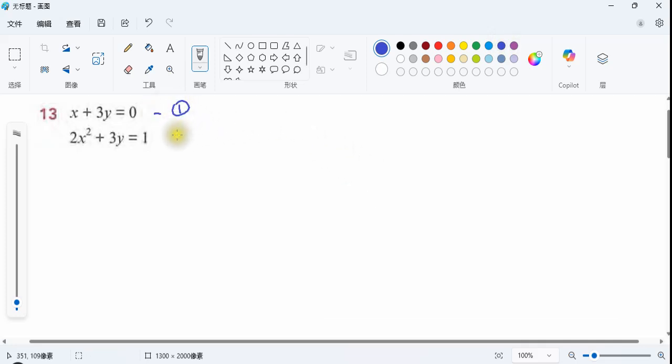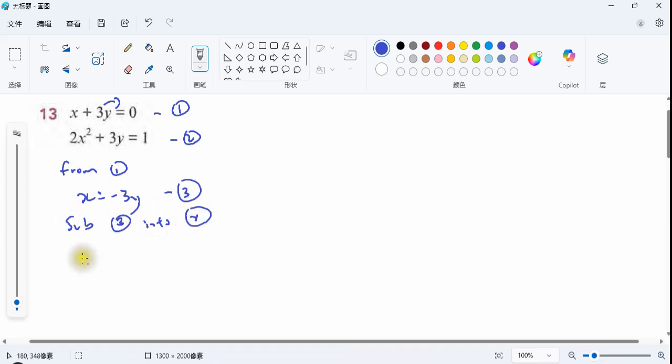So equation 1, equation 2. So from equation 1, then we have x equal to negative 3y. This is equation 3. Then we sub equation 3 into equation 2.